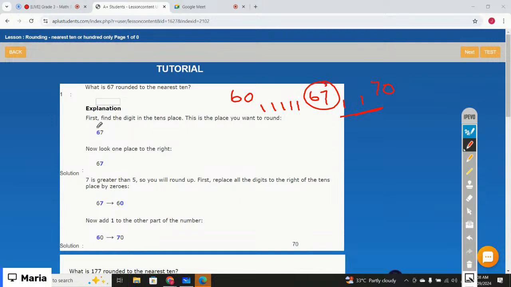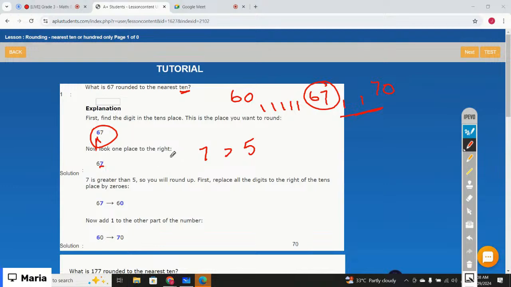Let me just explain this way, right? You have to round to the nearest 10. So the digit that is at the 10th position, 6 is at the 10th position, right? So at the right of 6 you have 7. You need to compare this number to 5. 7 is greater than 5.